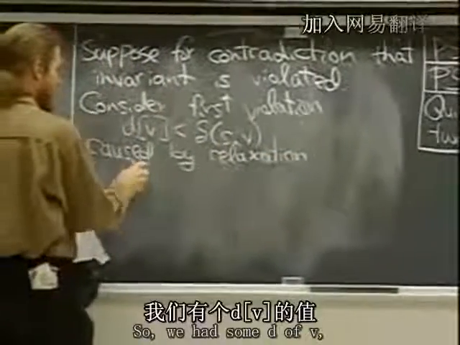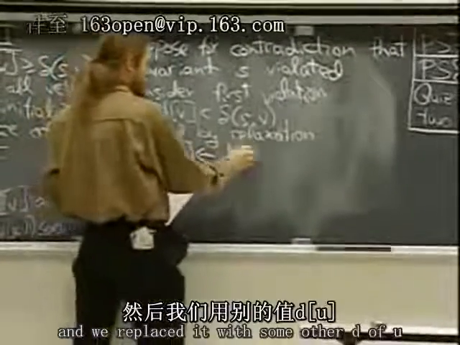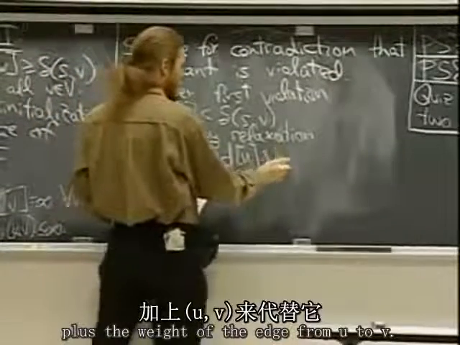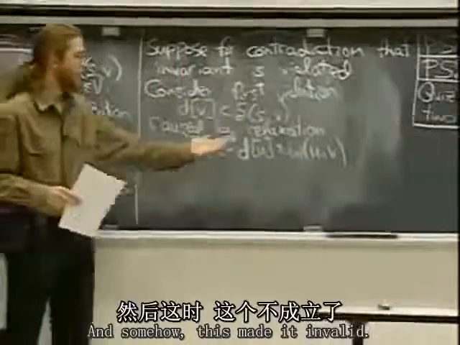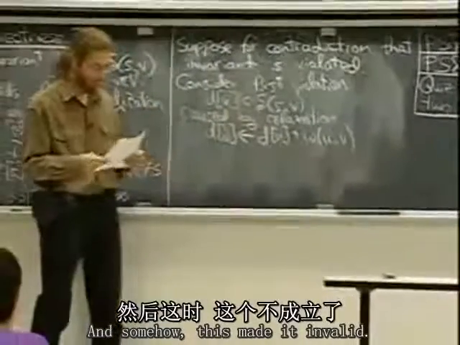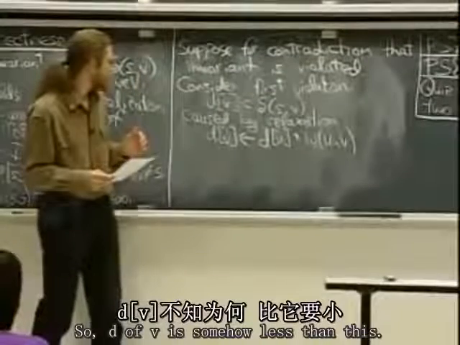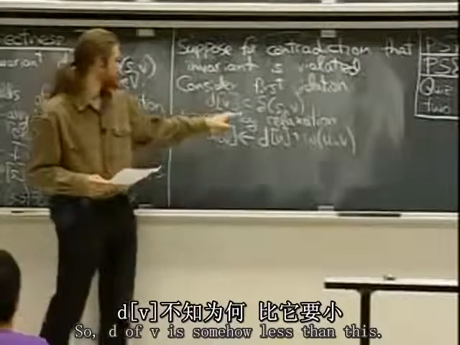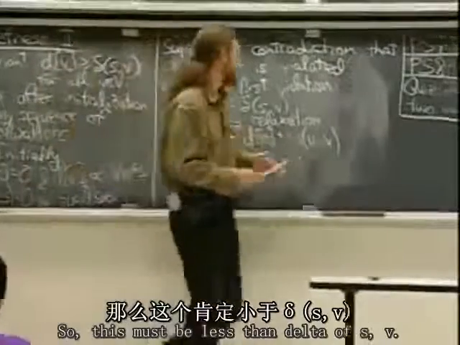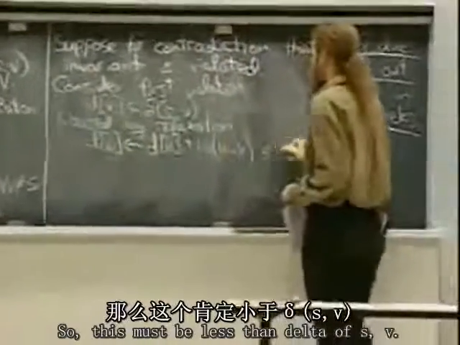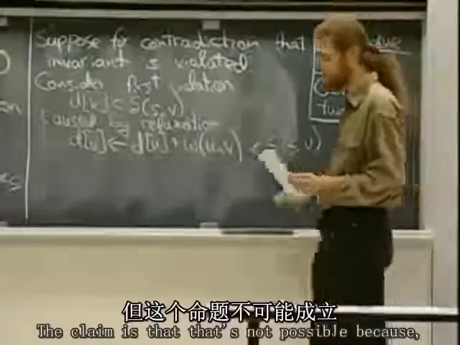We had some d of v, and we replaced it with d of u plus the weight of the edge from u to v, and somehow this made it invalid. So d of v is now less than this. We just set d of v to this, so this must be less than delta of s comma v. The claim is that that's not possible.